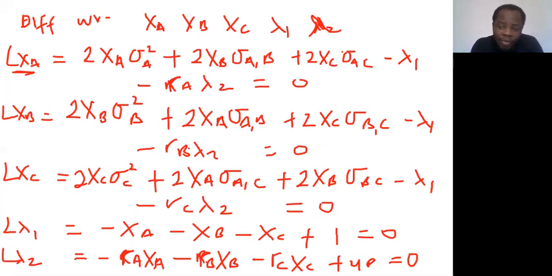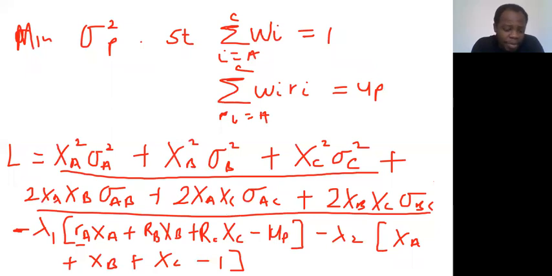When you look at the first component of the Lagrangian function, which is this one, if I differentiate the Lagrangian with respect to A, this expression is going to be 2xA variance of A. And this expression, there's no A here, so I don't differentiate this.